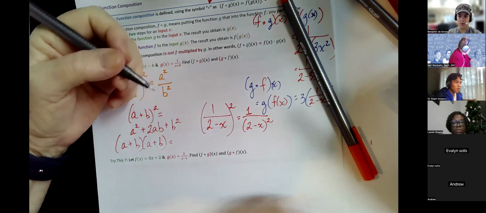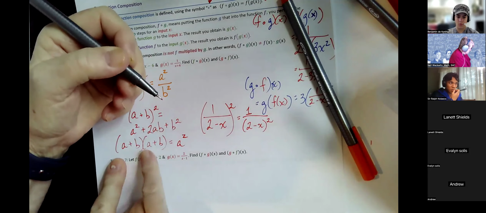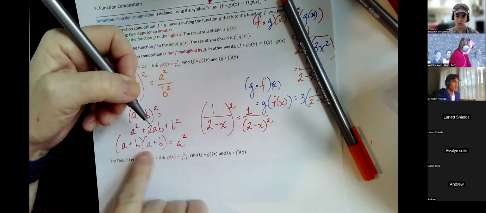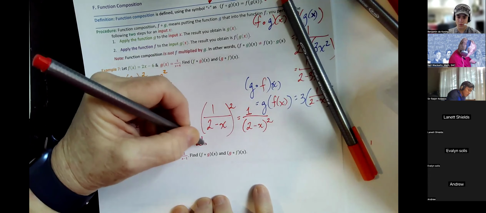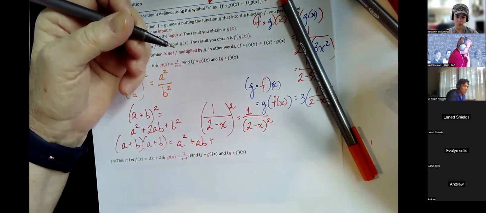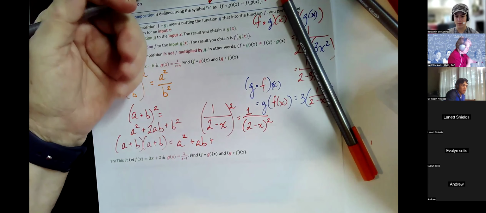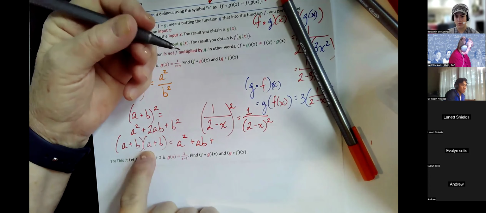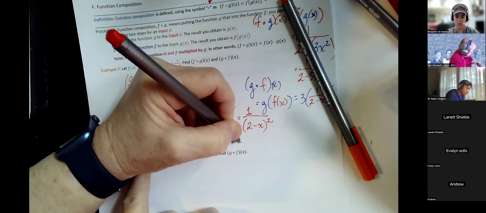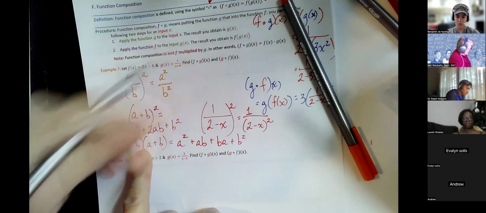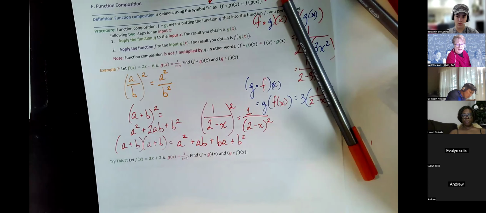It would be a times a, a times b, and then b times a, and then b times b. Yes, good. Perfect.